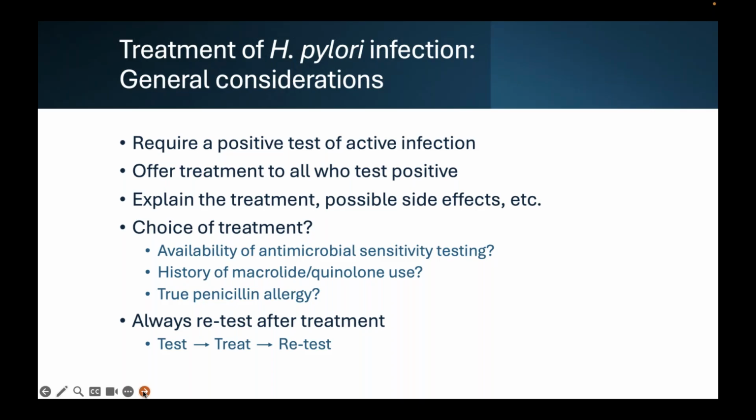We now know that the vast majority of them are not truly penicillin allergic. So unless the patient gives a history of an anaphylactic type reaction to a penicillin, it's sometimes beneficial to get an allergist involved to determine if there is true penicillin allergy, because amoxicillin, as I'll show you, continues to be an important part of our treatment armamentarium.